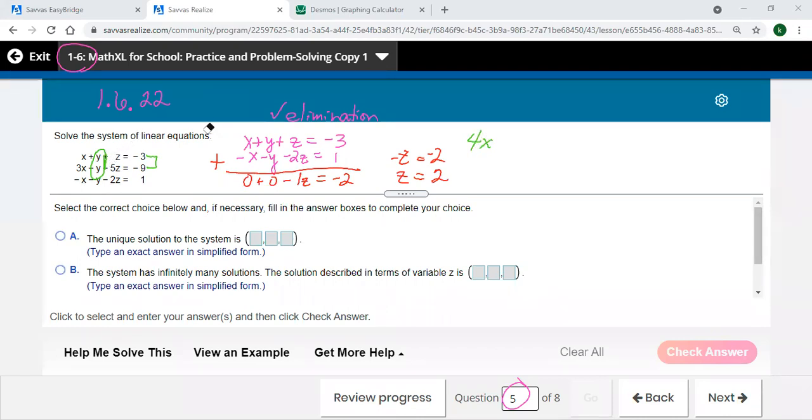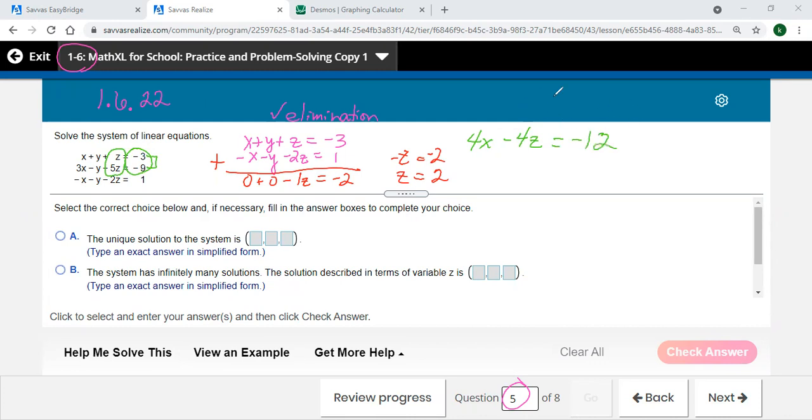Let me see. Nope, it's a negative. Good thing I checked. All right, so then z and negative 5z added together is a negative 4z, right? Positive 1 and negative 5. And then 3 and negative 3 is going to equal a negative 12.